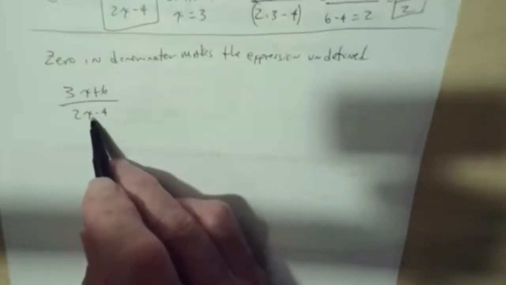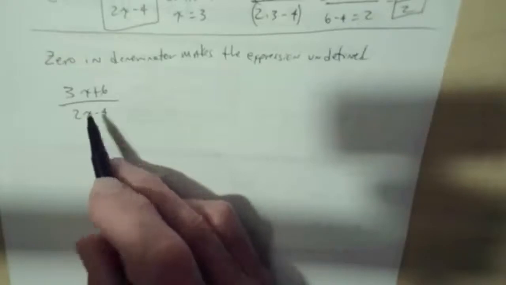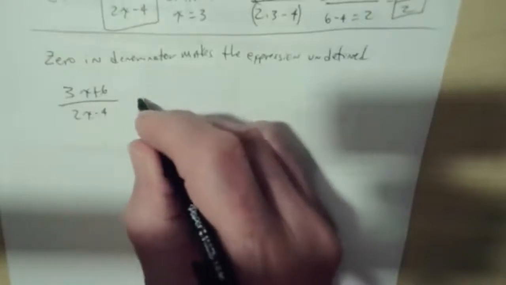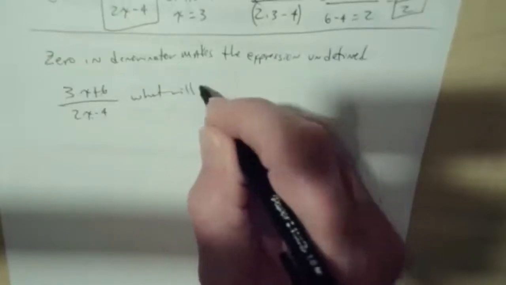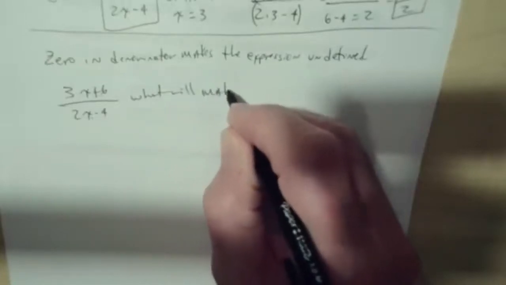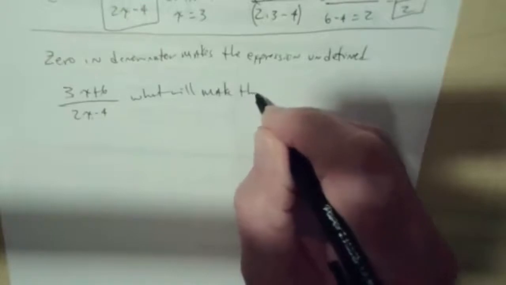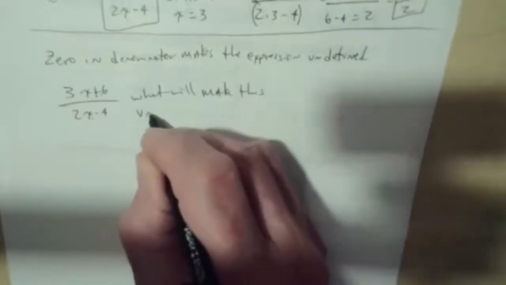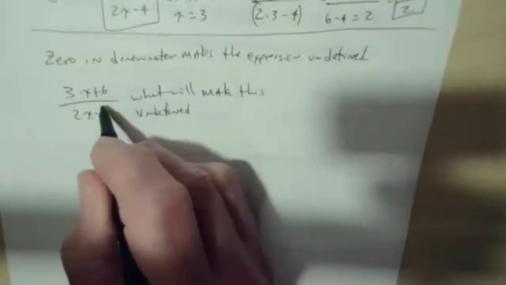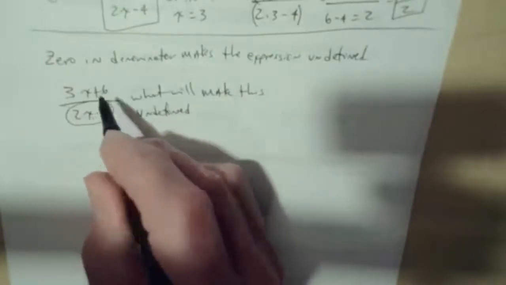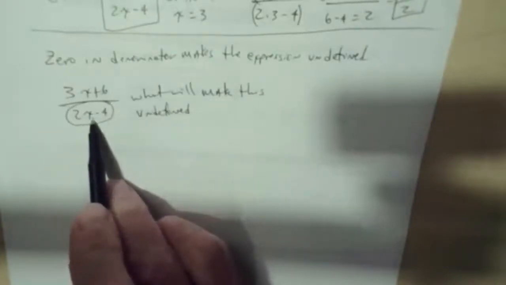The only thing we have to worry about is that the denominator is not 0. So how do we find out what value of x will make this undefined?